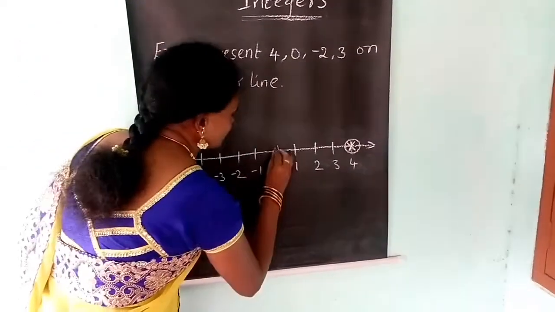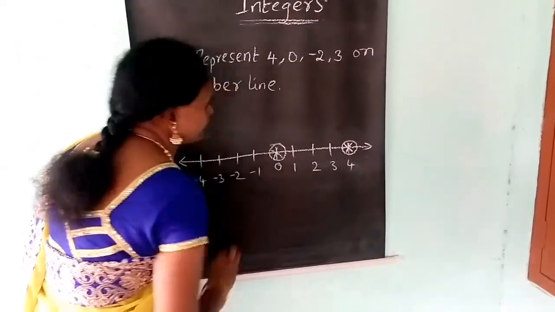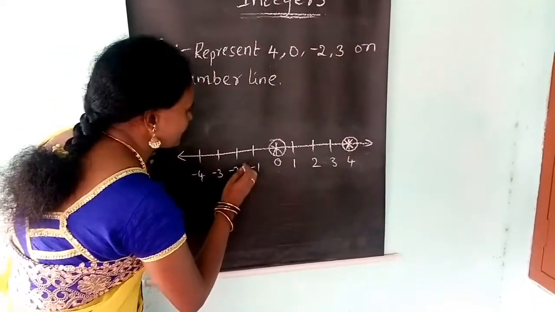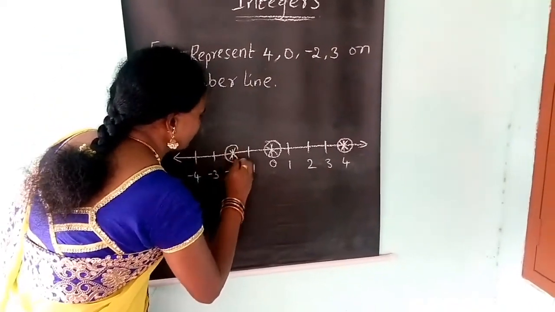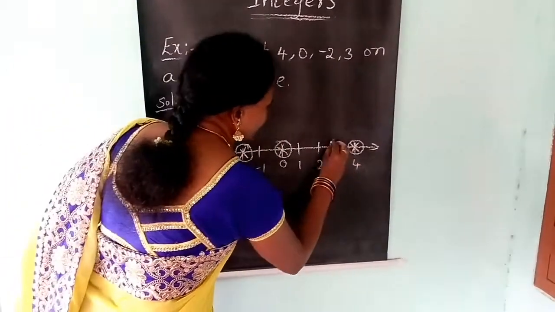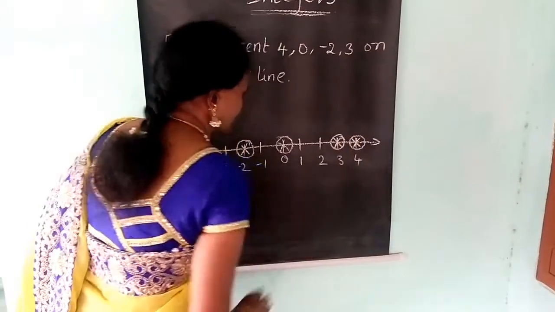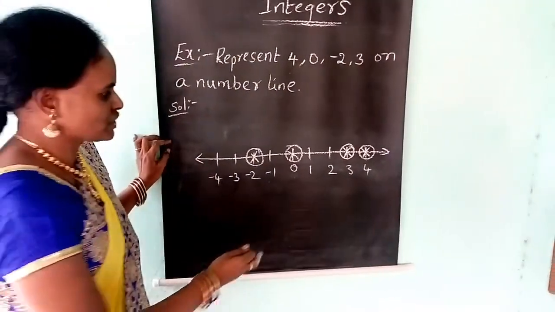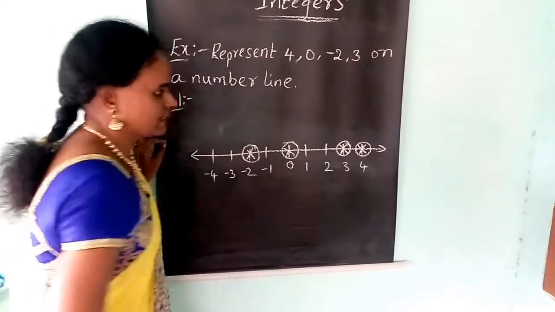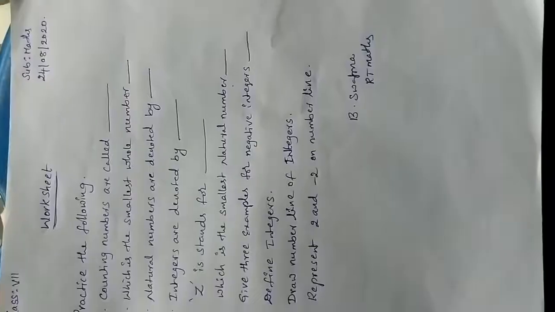And 0. 0 is the middle of the number line. And minus 2. Minus 2 is the left of the 0. And 3. 3 is also right of the 0. This is the representation of 4, 0, minus 2, 3 on the number line.